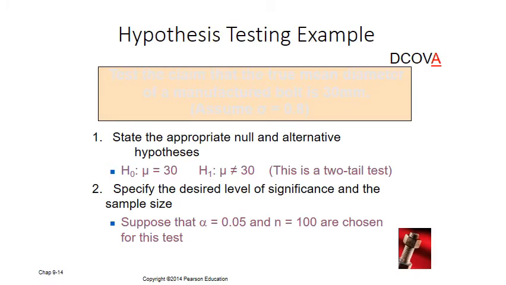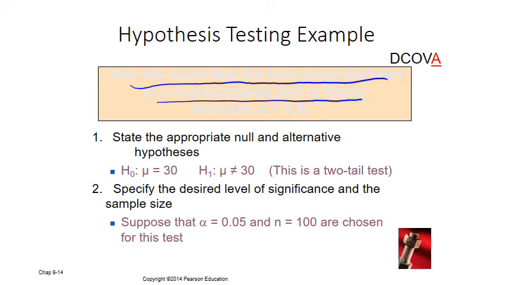Here we solve one example. Test the claim that the true mean diameter of a manufactured bullet is 30 mm. Assume sigma is 0.8. We are given sigma, so we will use the z-test. He says that the average diameter of the bullet is 30 mm. So H naught: mu equals 30.